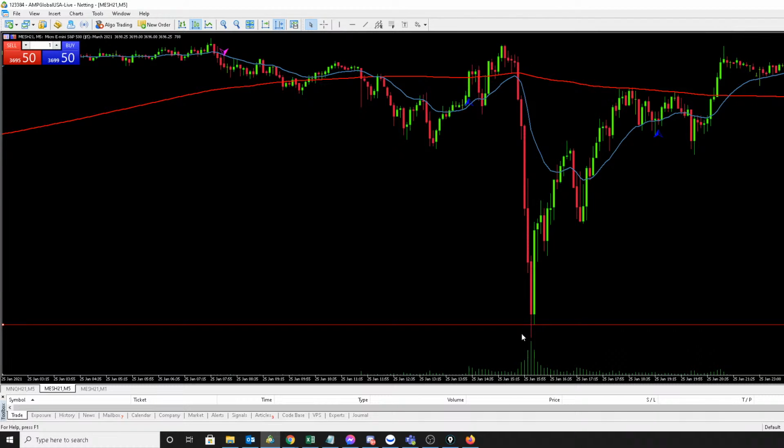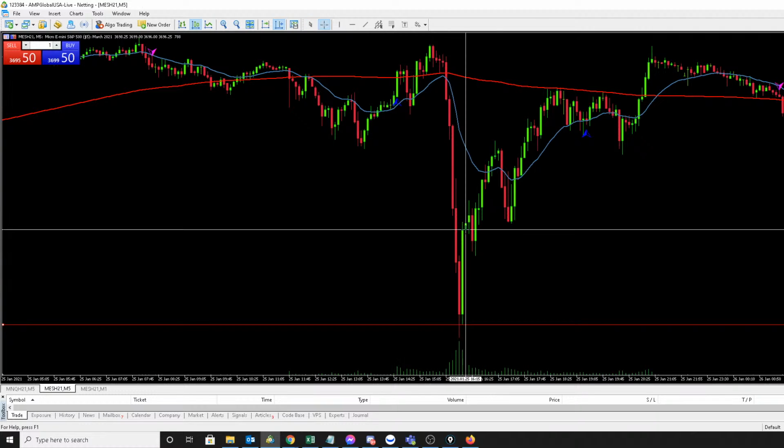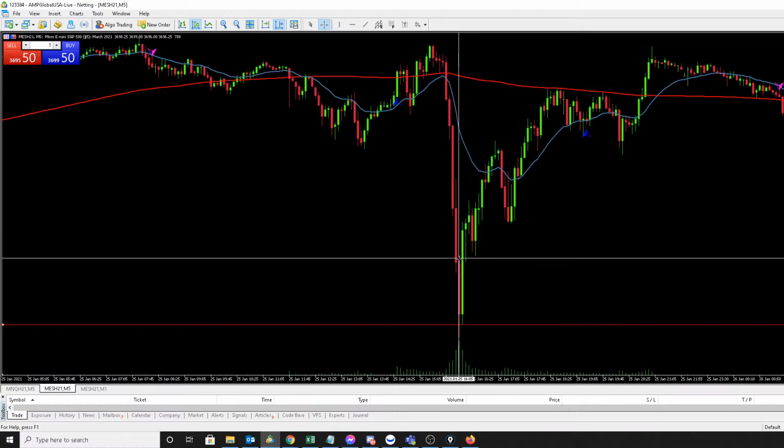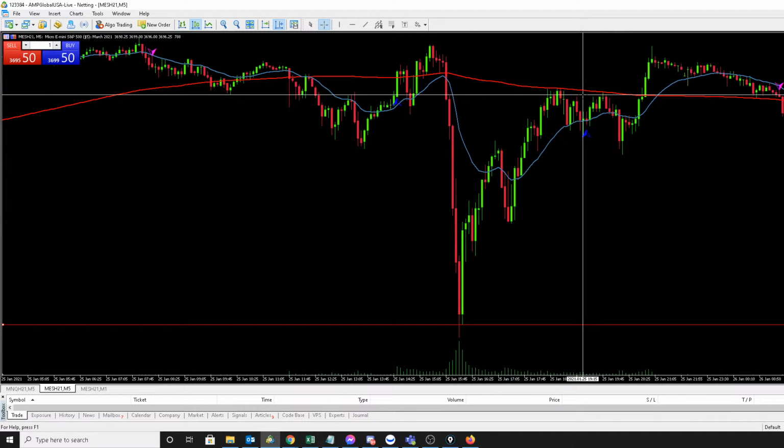This entire move happened, and as long as you identify that there's a long term support, you could start looking to build into this. This is a big bullish candle too, and this very next 5 minute candle is a really good indicator that we're going to continue to hold this and then move back up.